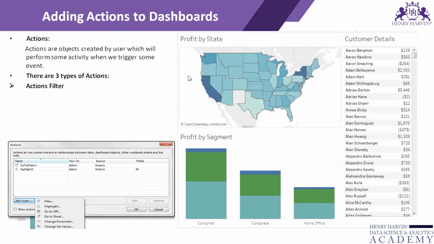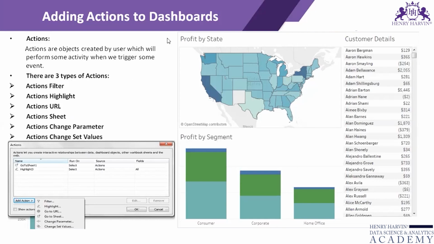So the first 3 are the ones available in Tableau version 9, but in Tableau version 10, these 3 more have been introduced. So we'll see filter actions in the form of filters, highlights, URLs, go to sheet, parameters, and change set values.